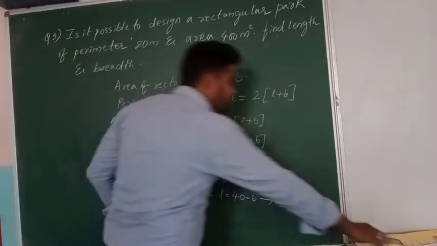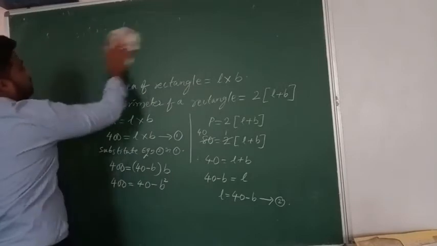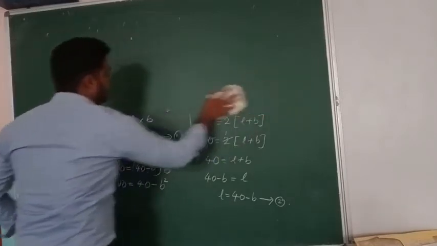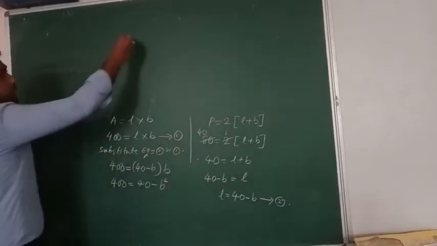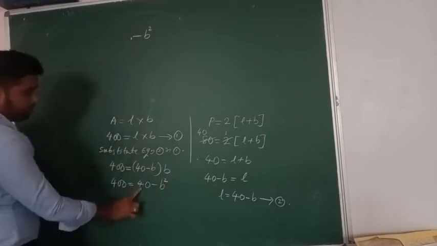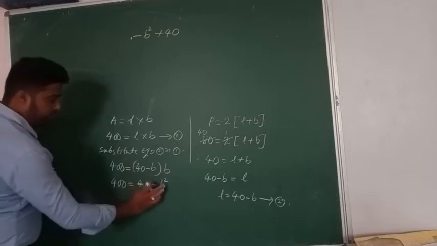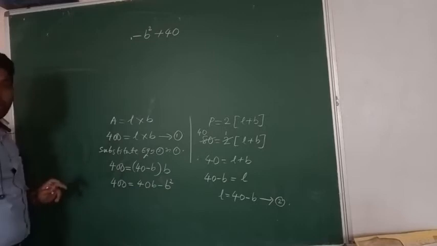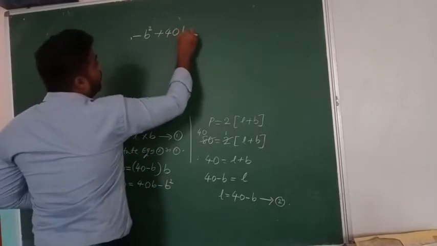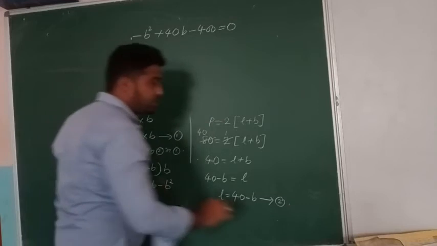I got an equation: minus B square plus 40B minus 400 equals 0, as 400 is shifted to this side.